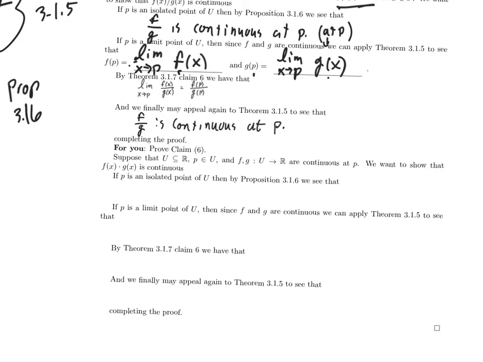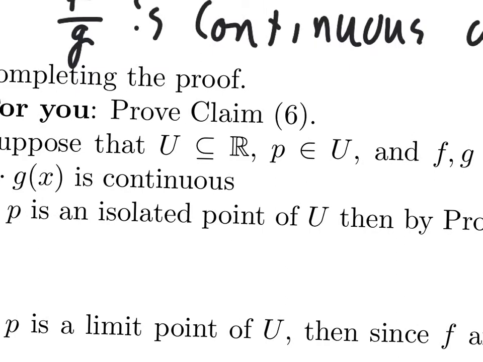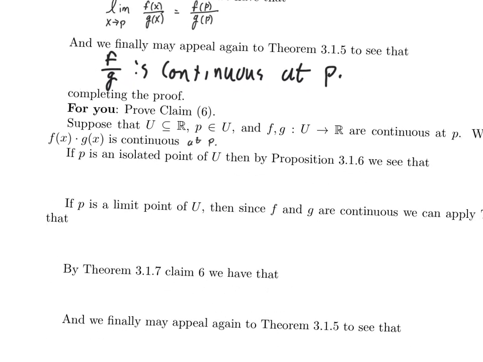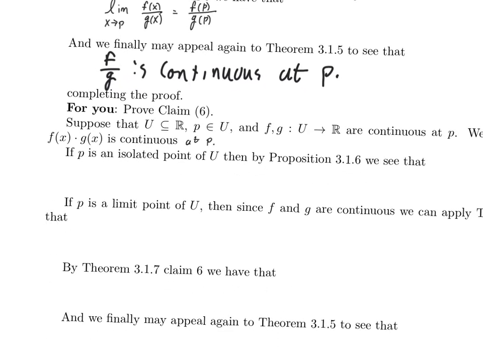Let's suppose that U is a subset of R, P is an element of U, and F and G are continuous at P. I need to show that F times G is continuous at P. Well, first, if P is an isolated point, everything is continuous at an isolated point. Then F times G is continuous at P. There's nothing to prove.